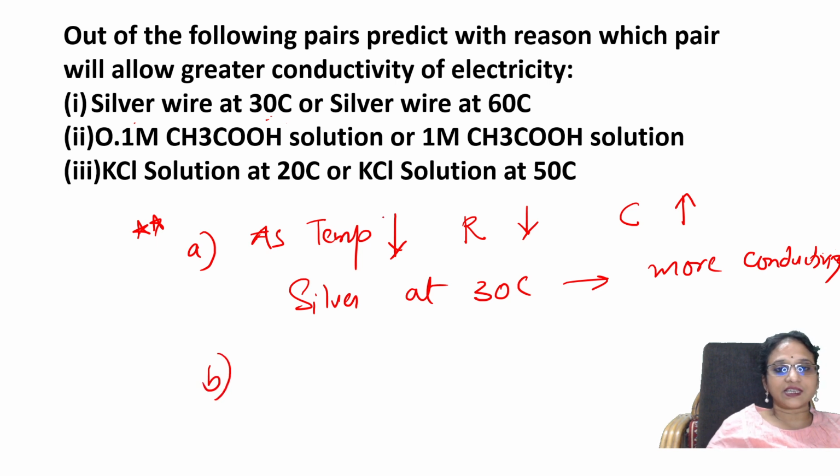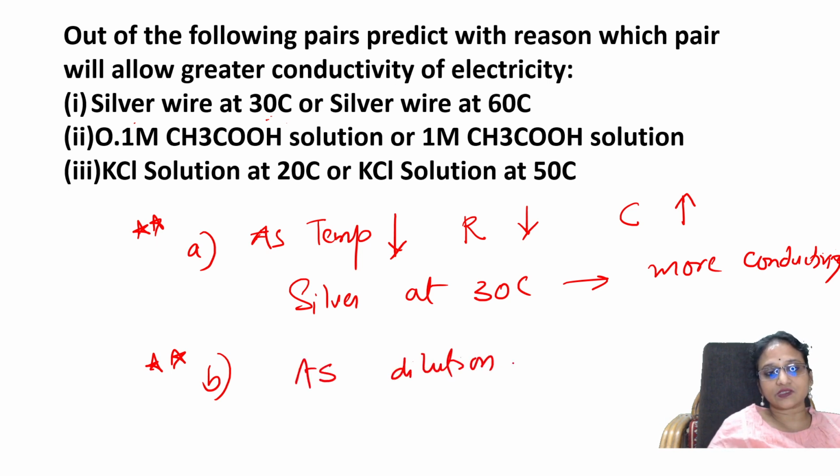Second one: 0.1 molar acetic acid solution and 1 molar acetic acid solution. Remember, students, as dilution increases, ionization increases.